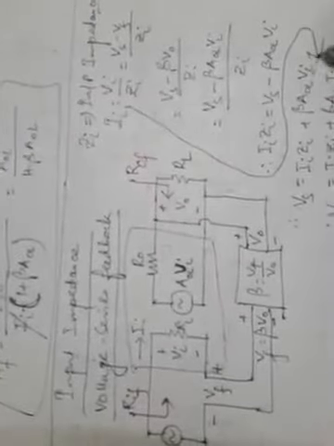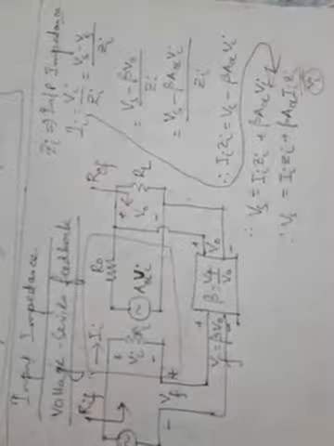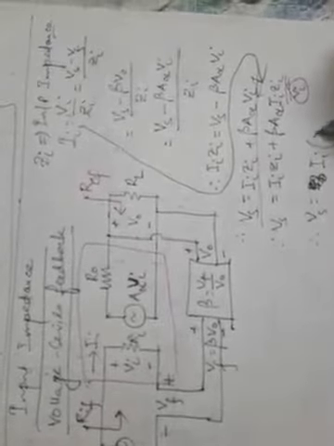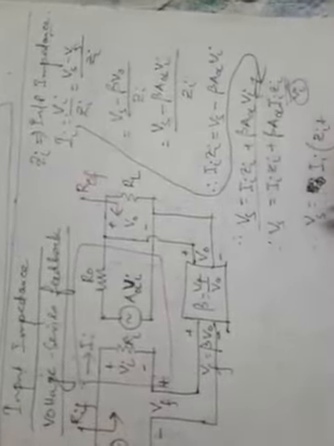So simply putting Vi equal to II Zi over here, substituting from the first expression into this expression, we can take both II and Zi as common.